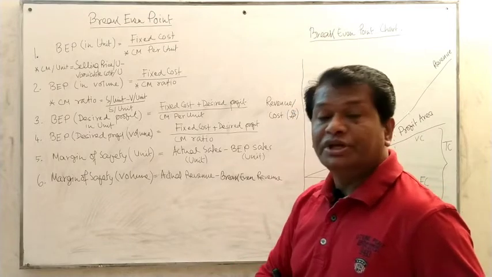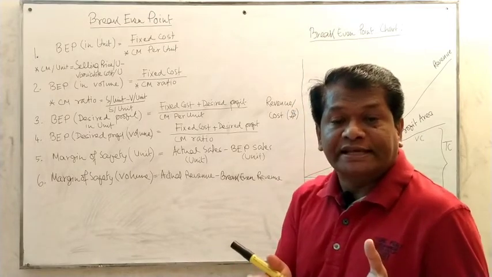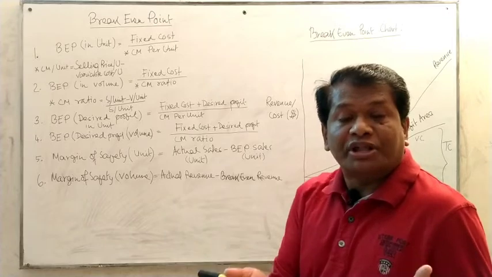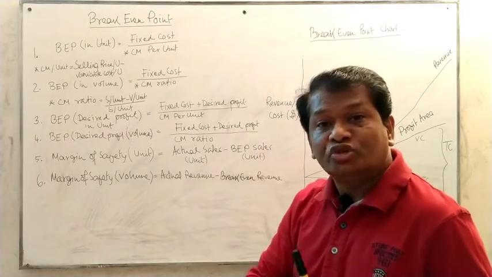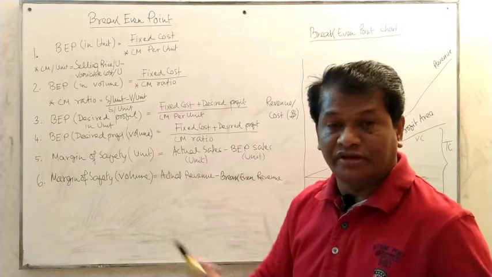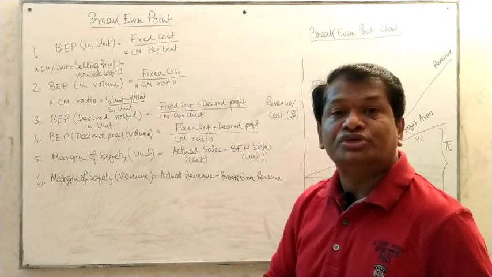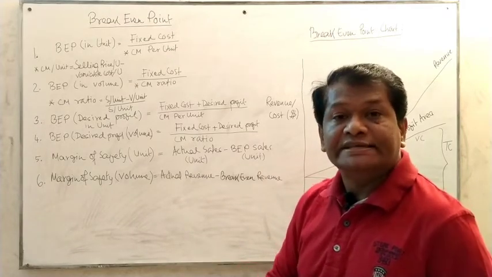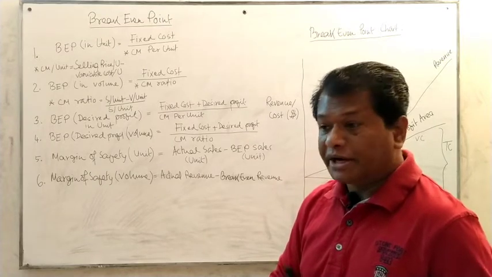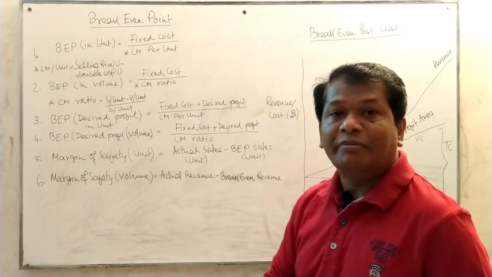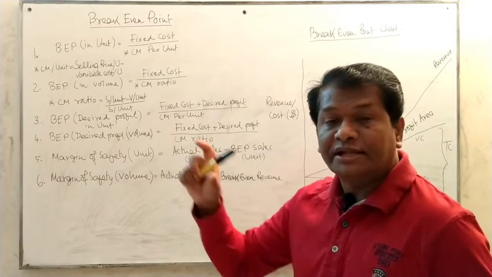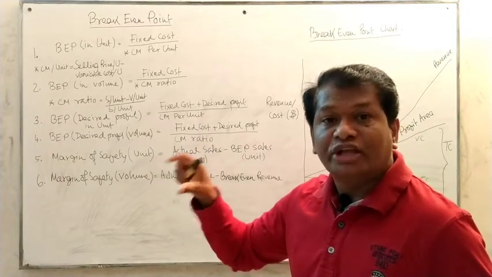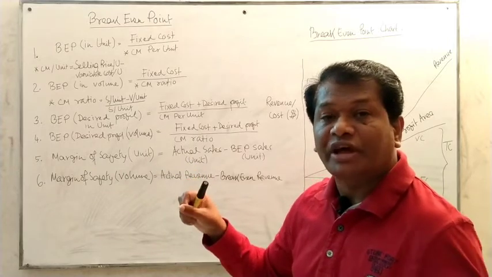So the break-even sales is one amount, but the actual sales in the market is a higher figure. Maybe the break-even point is 500,000, but you have already sold 600,000 in the market that particular year. So actual sales is 600,000 and break-even sales is 500,000.